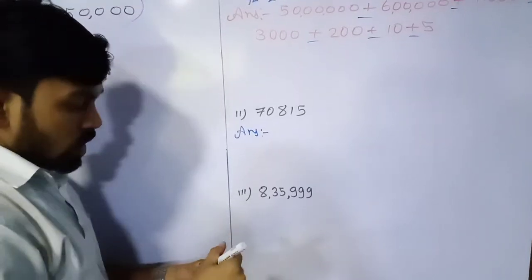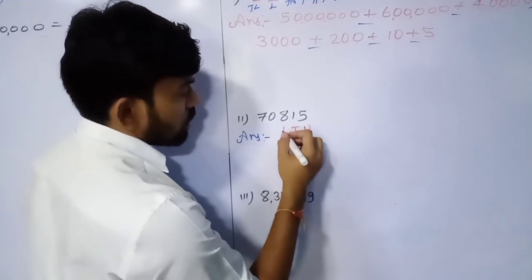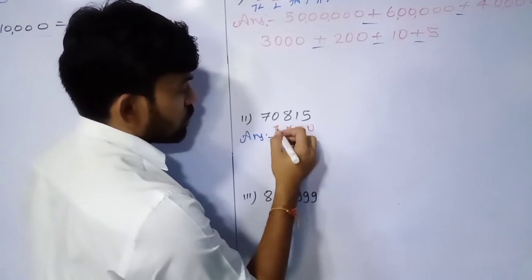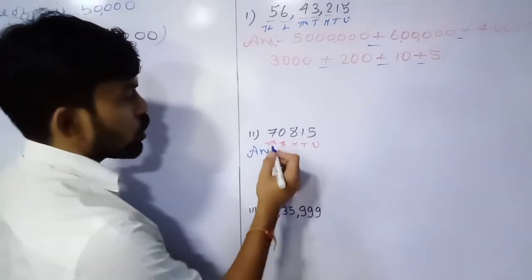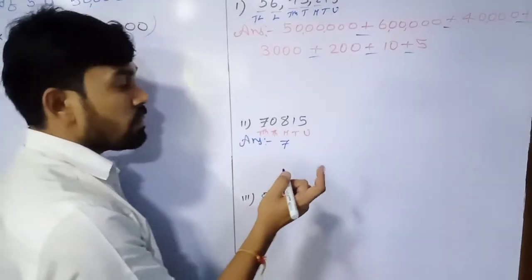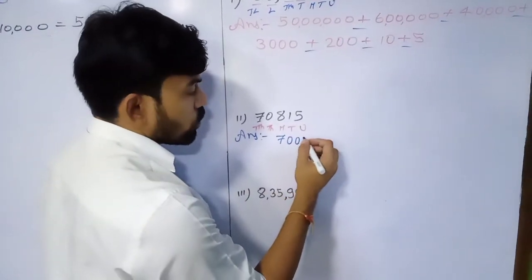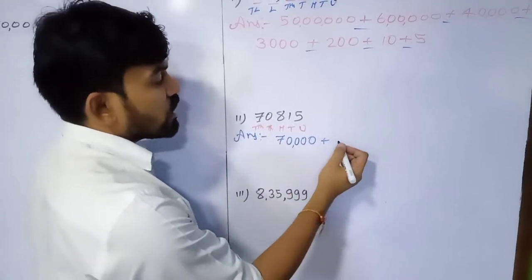Again, first we have to write the places: unit, 10, 100, 1000, 10,000. Now first we are talking about the 10,000. So 7. In the 10,000, how many zeros do we have? 4. 1, 2, 3, 4. 70,000 plus. The next one is 0.